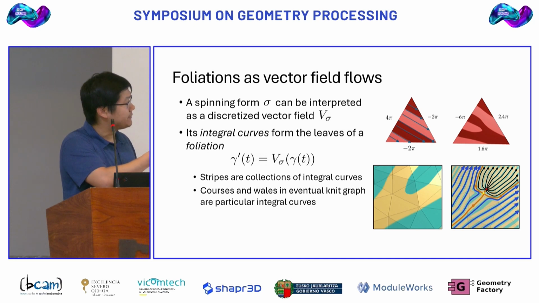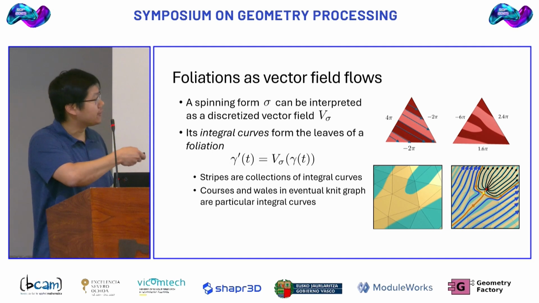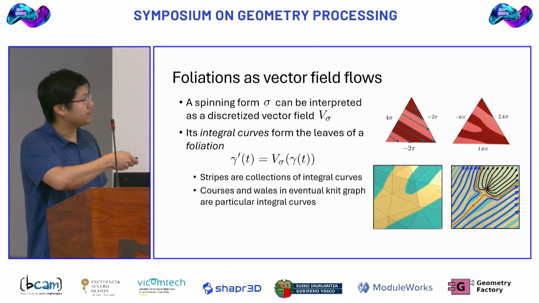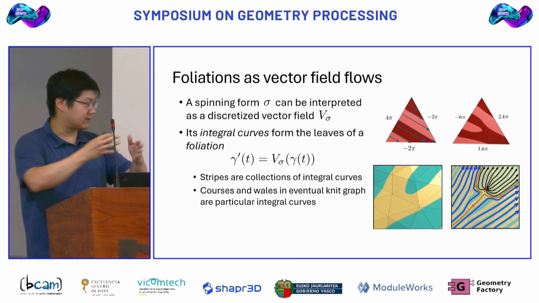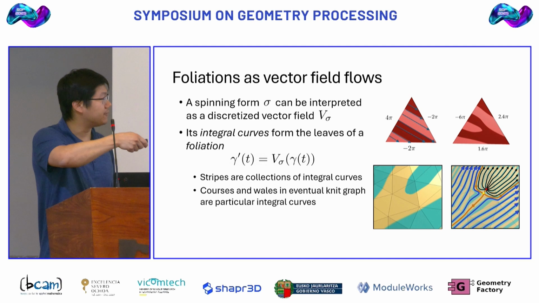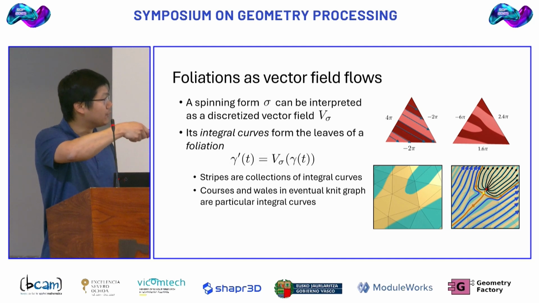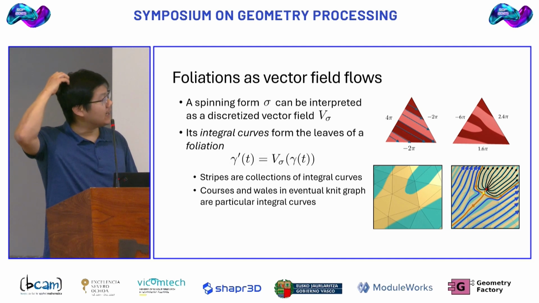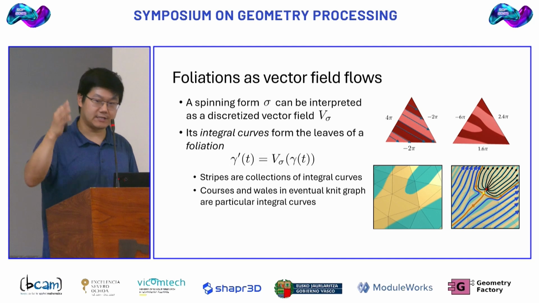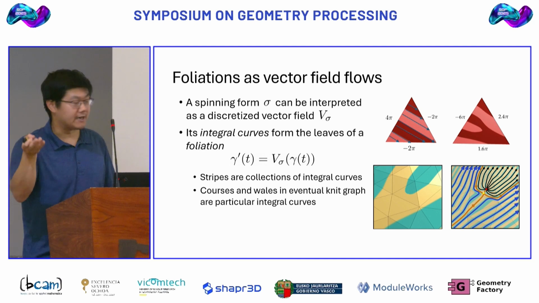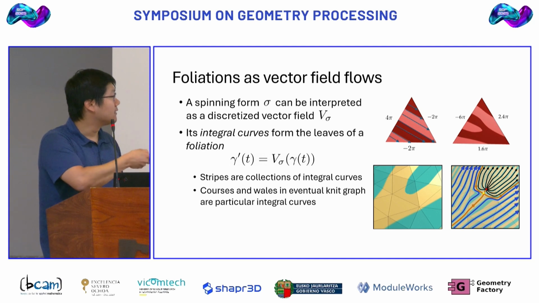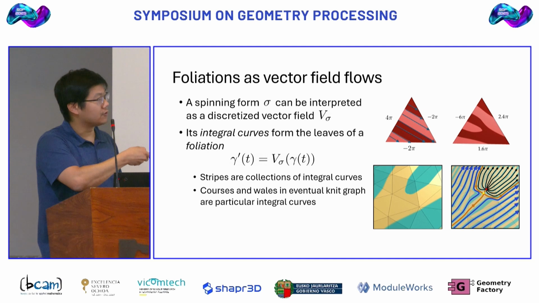But just to set up this foliation language and terminology, the integral curves of the vector field form the leaves of this foliation. So the foliation is really just the vector field flow, a fancy word for that. And what is an integral curve? It's a curve on the surface such that the tangent is equal to the vector field at every point. Stripes are collections of integral curves.